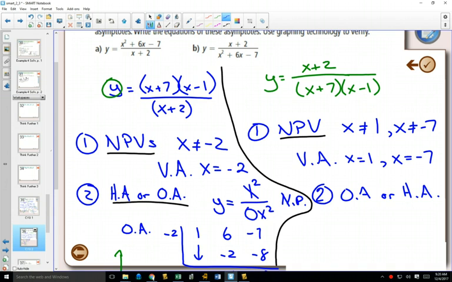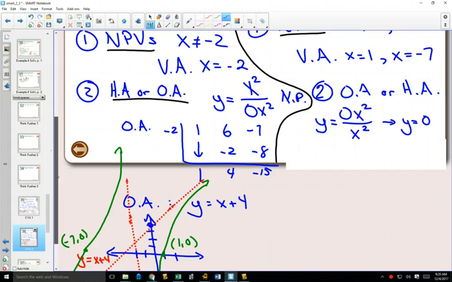But if we use the shortcut and ask what is the highest degree, it's an x squared in my denominator, and I have no x squareds in my numerator. This simplifies to y equals 0, which is always the case when your degree is bigger on the bottom.